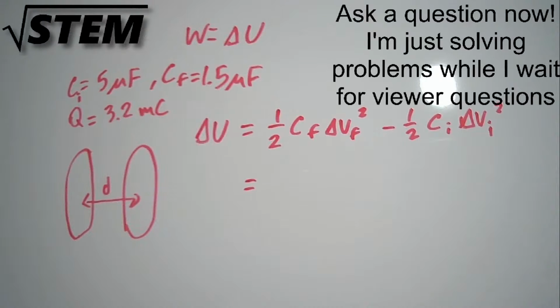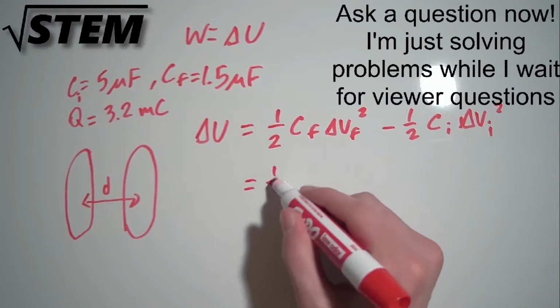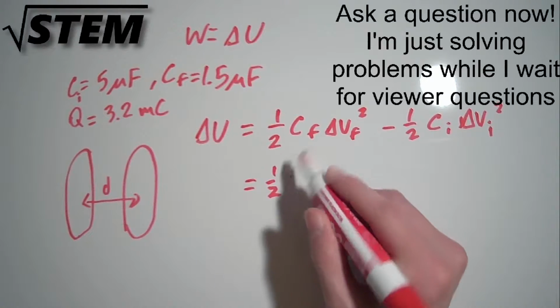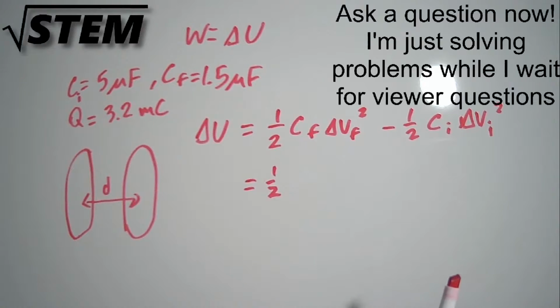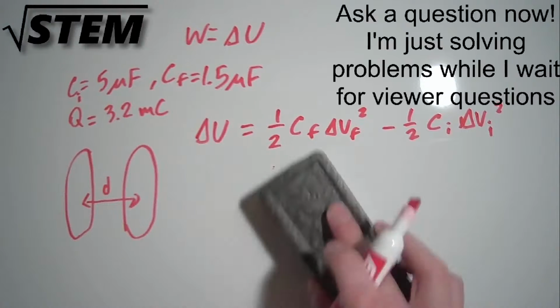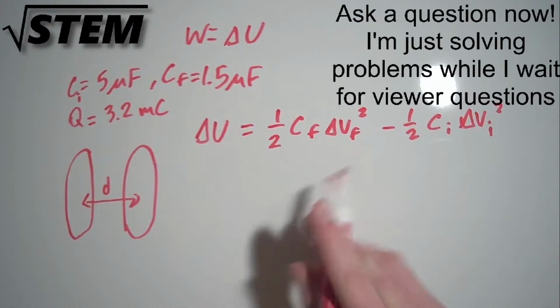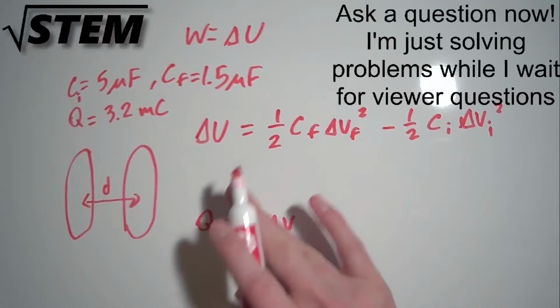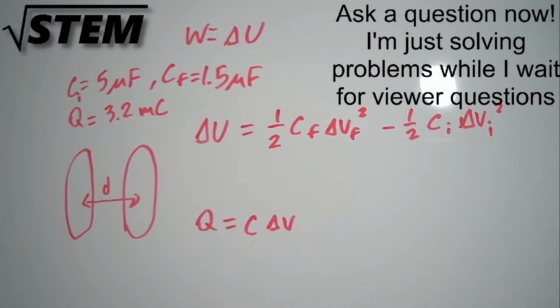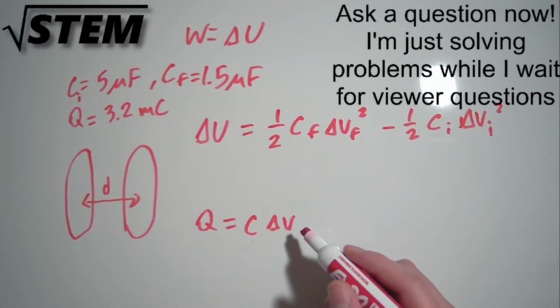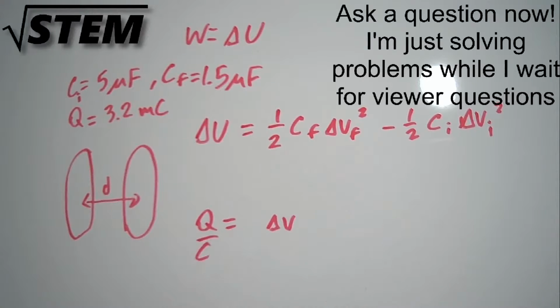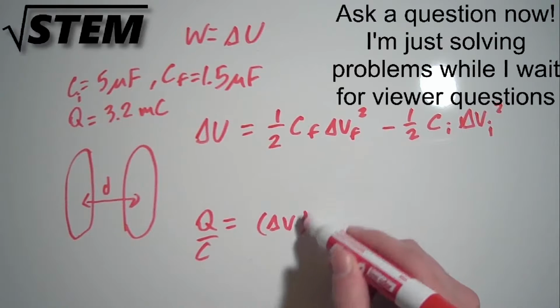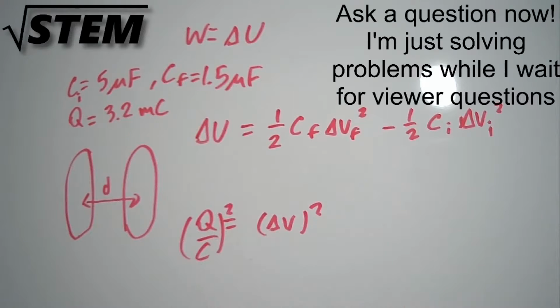So, let's see. For each of these, if we know Q equals C delta V, then delta V equals Q over C, and delta V squared equals Q over C squared.